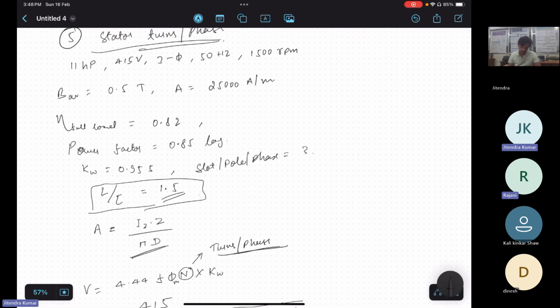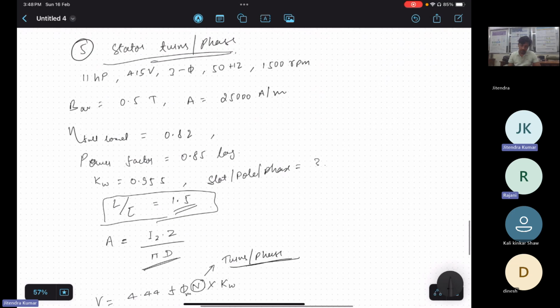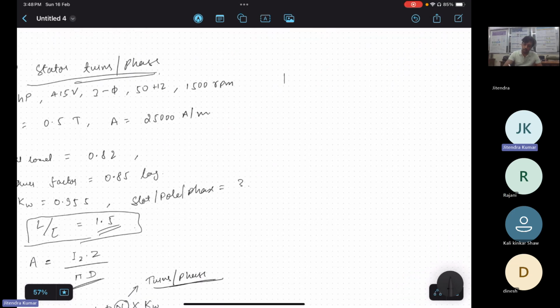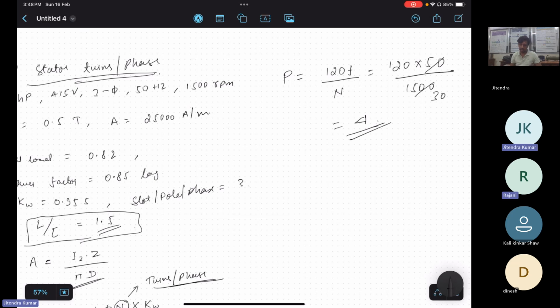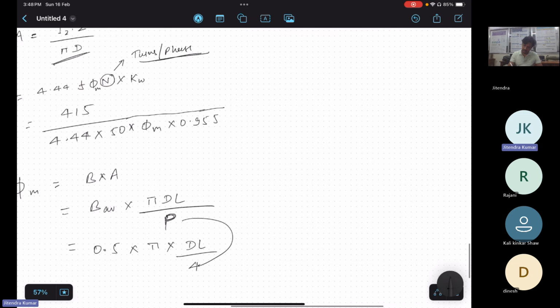Number of poles we can calculate. 120 F by P, N equal to 120 F by P, so P equal to 120 F by N. At 1,500 RPM, P is 4.